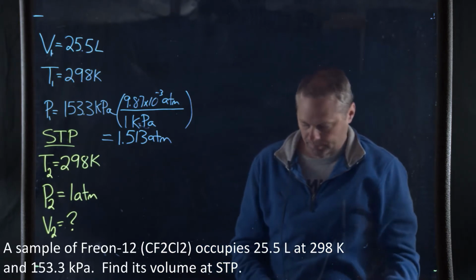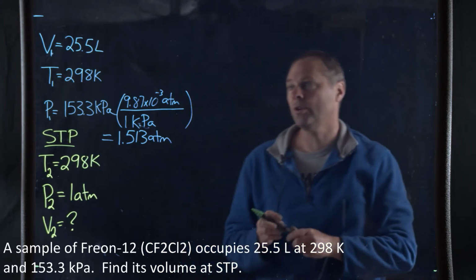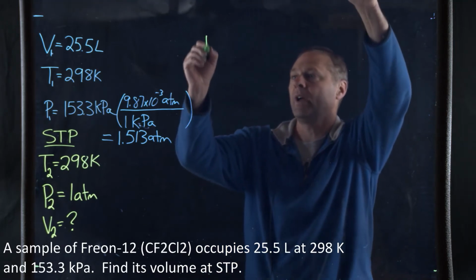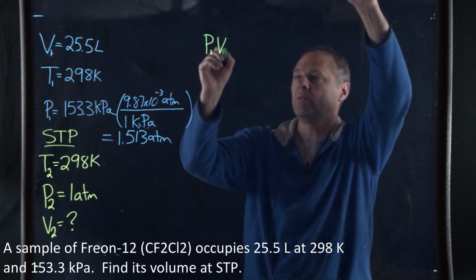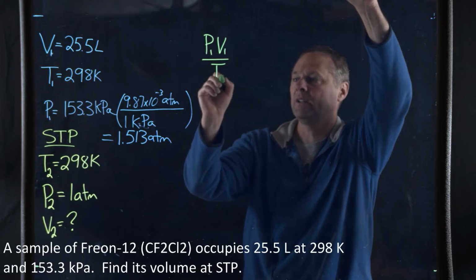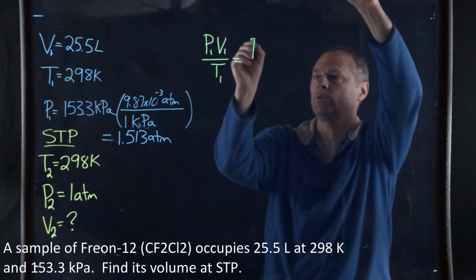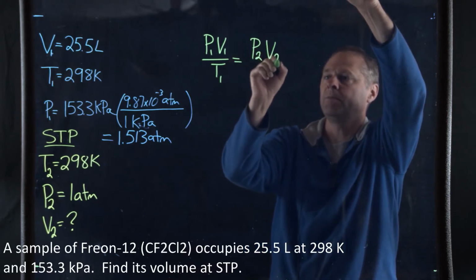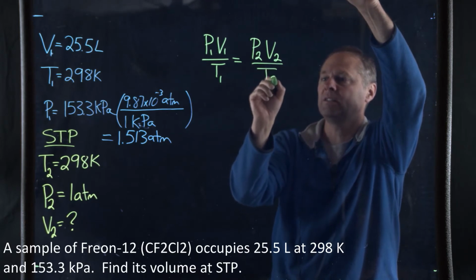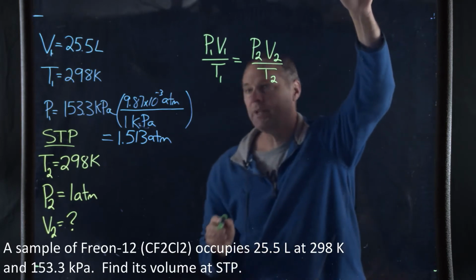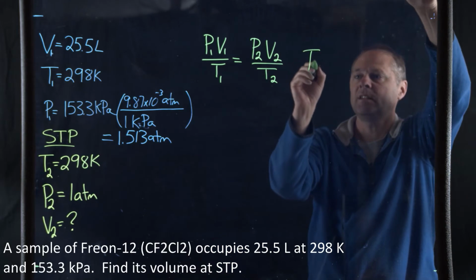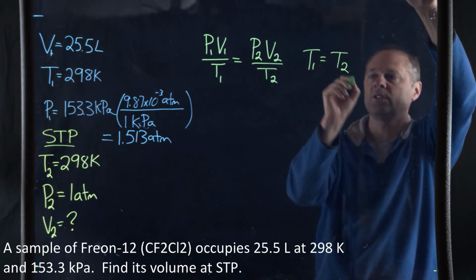Now, we're going to go back and use the equation we've seen before, where we have P1 V1 all upon T1 is equal to P2 V2 all upon T2. Now, we know that T1 is equal to T2, right?